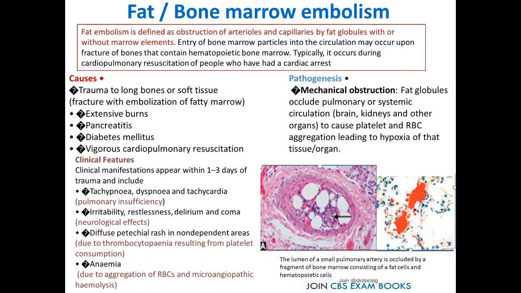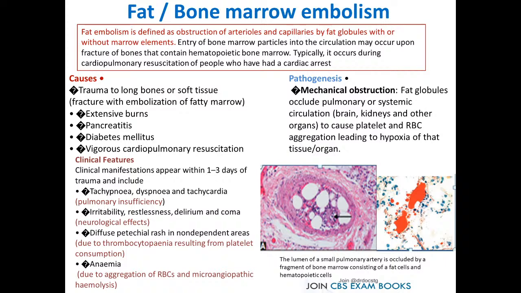cardiopulmonary resuscitation. Clinical features: manifestations appear within 1 to 3 days of trauma and include tachypnea, dyspnea, and tachycardia, neurological effects, and thrombocytopenia resulting from platelet consumption, and anemia. Pathogenesis: mechanical obstruction.